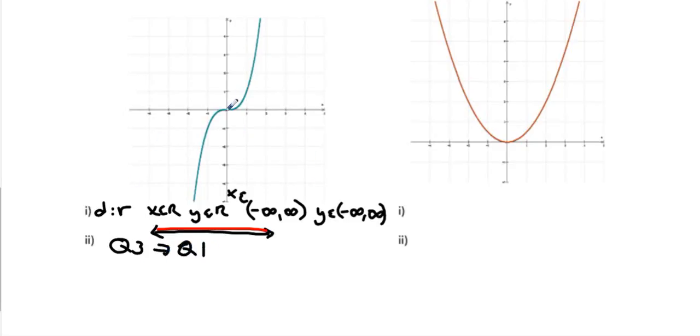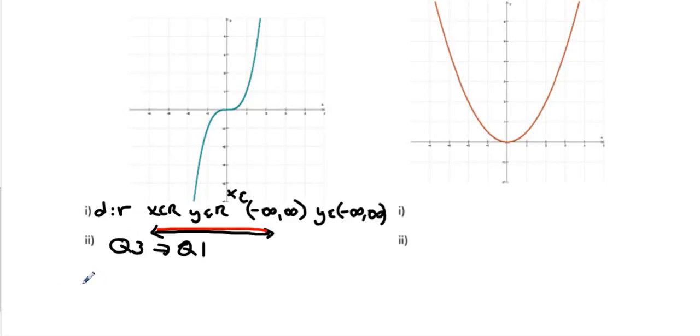Sometimes we think about end behaviors as what's happening to the y's as the x's approach negative infinity and positive infinity. As x approaches negative infinity, the y's are approaching negative infinity, which is in quadrant 3. And as our x's approach positive infinity, our y's are approaching positive infinity, and that's going to end in quadrant 1. So we always express it this way, quadrant 3 to quadrant 1.